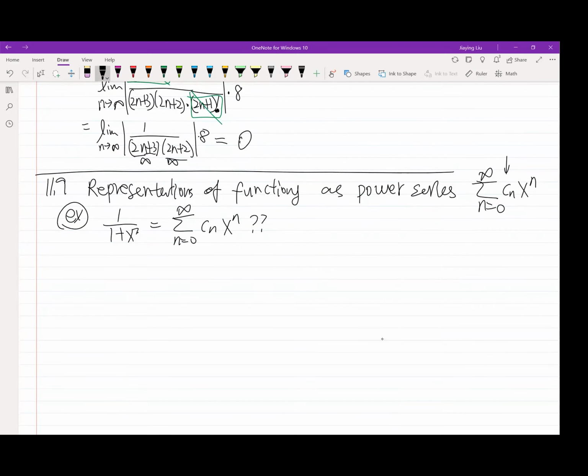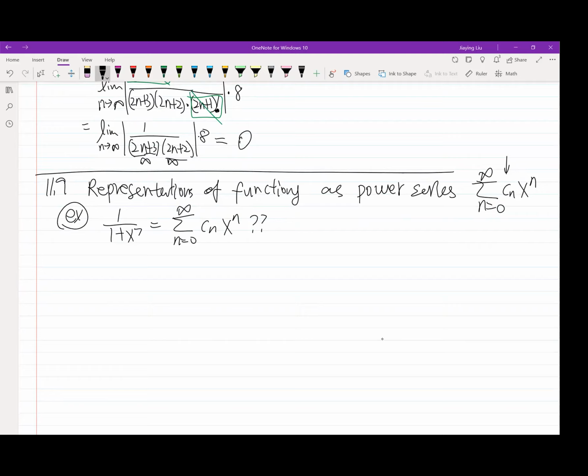What's the benefit of doing that? The benefit is that if we can find the power series representation of some given function, we can integrate or differentiate it as if we are integrating or differentiating the power series, which is a lot easier in some sense.